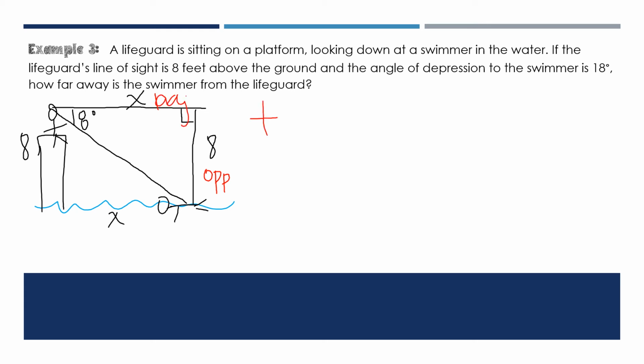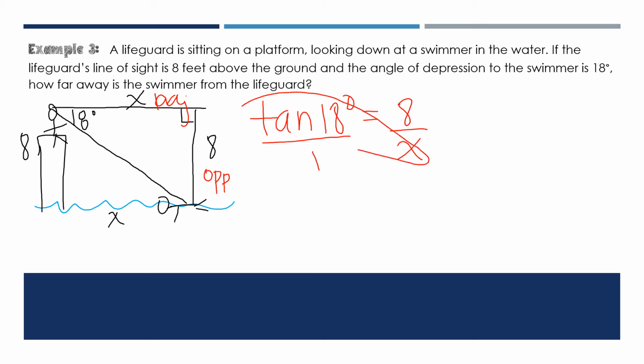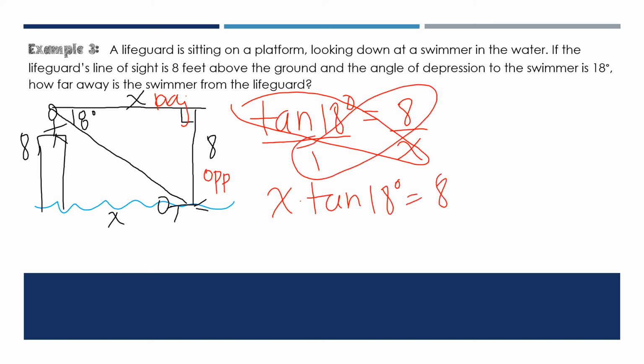So tangent of 18 degrees is equal to 8 over x. Cross multiplying, I'm going to get x times tangent of 18 degrees equals 1 times 8, which is 8. We're going to divide both sides by tangent 18 degrees.